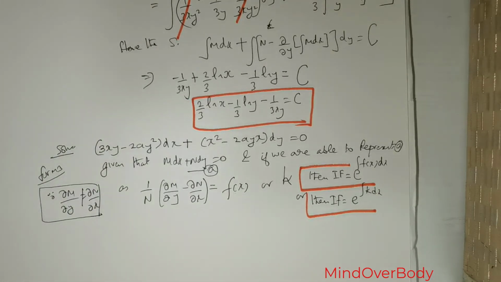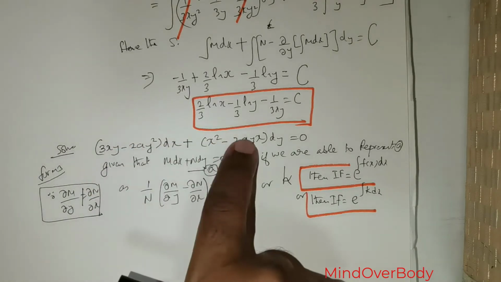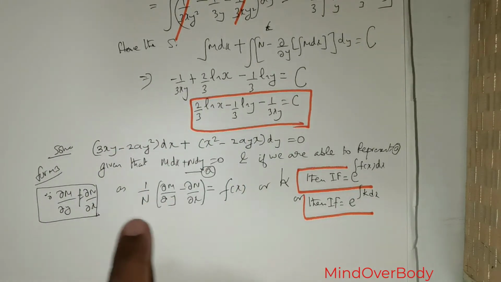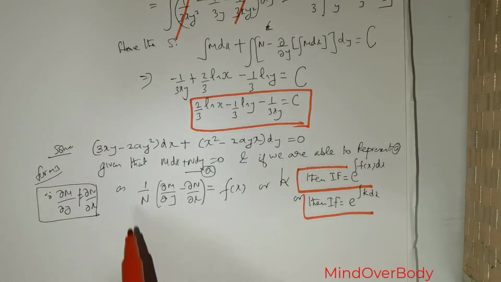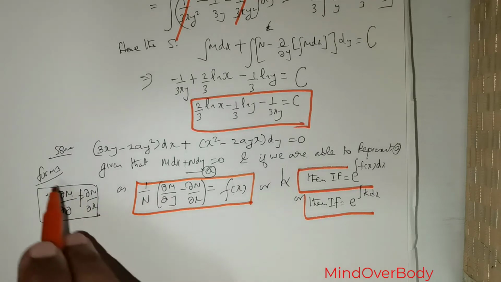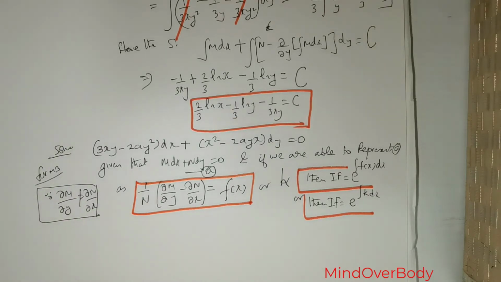So now what I'm going to do is I'm going to solve this question. I'm going to show you how to implement the all-important form that we have in this particular lesson. So let's do that.